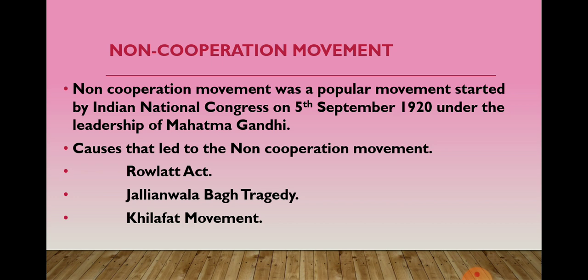There are three important causes that led to the launching of non-cooperation movement. They are Rowlatt Act, Jallianwala Bagh tragedy and Khilafat Movement. Now let us see these causes in detail.